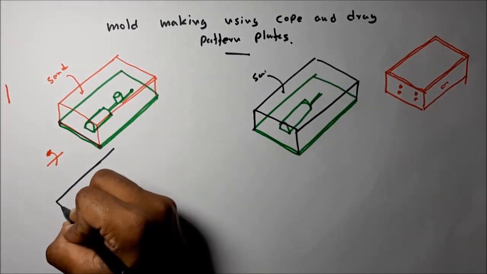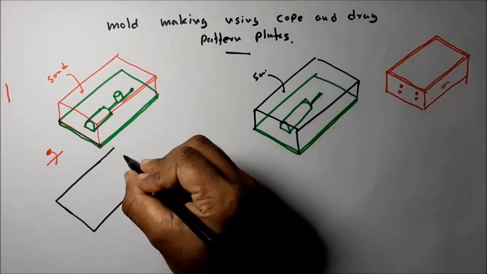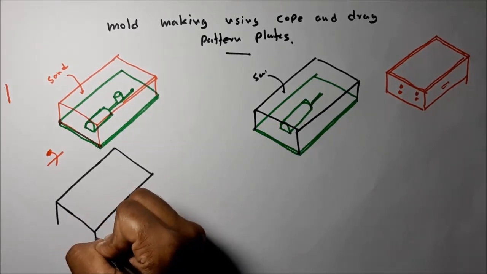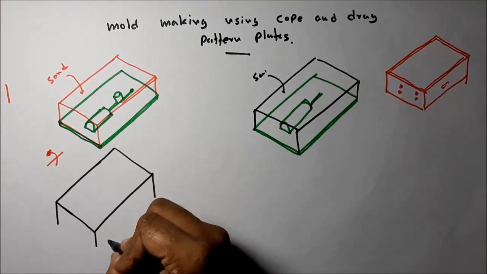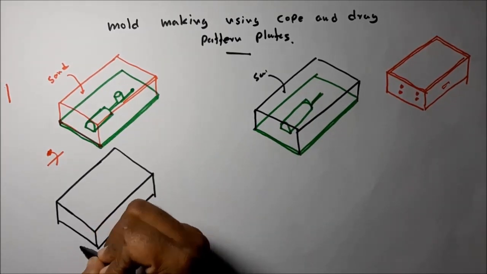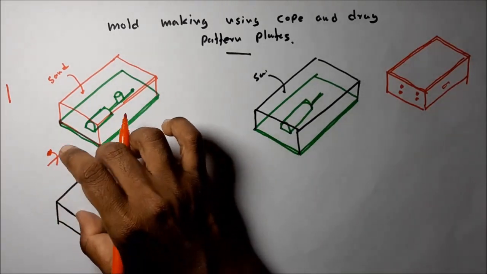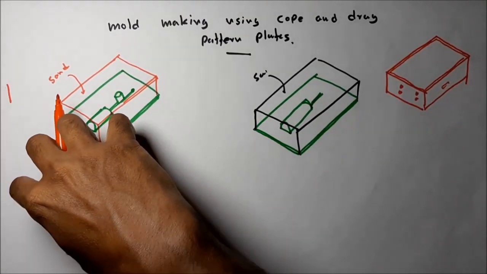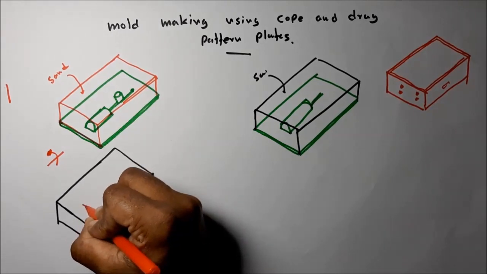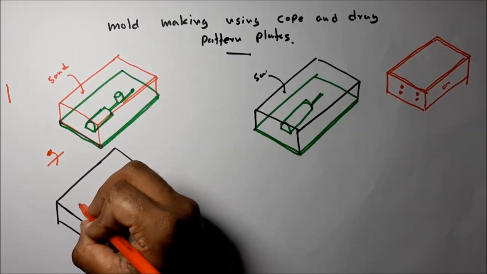This is the steel flask. After removing the pattern plate from the top, after inverting, we have this kind of cavity.